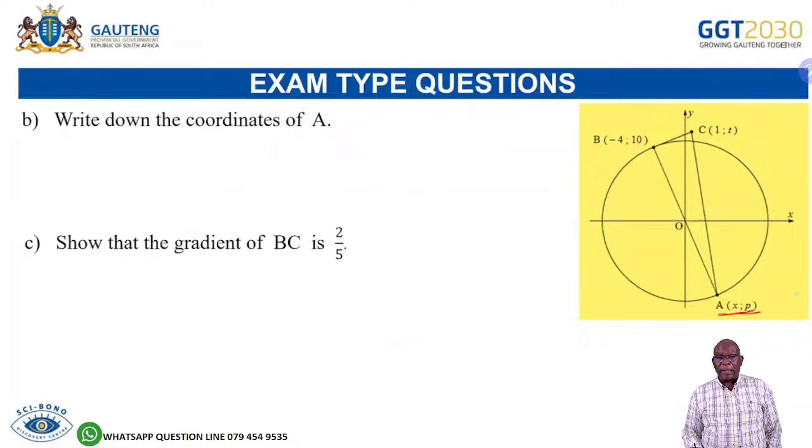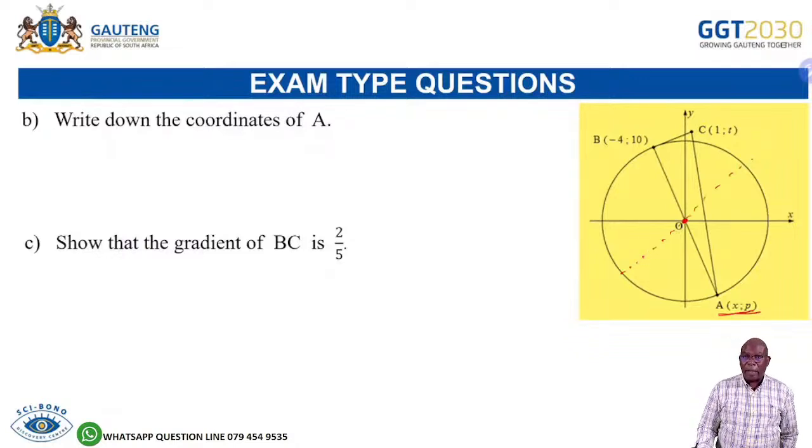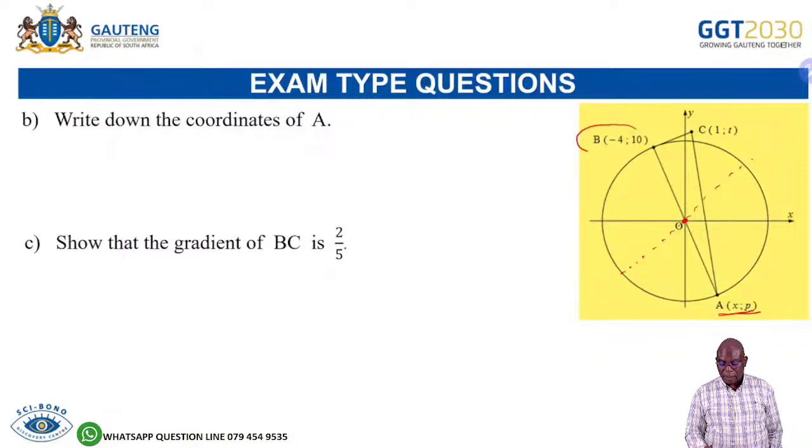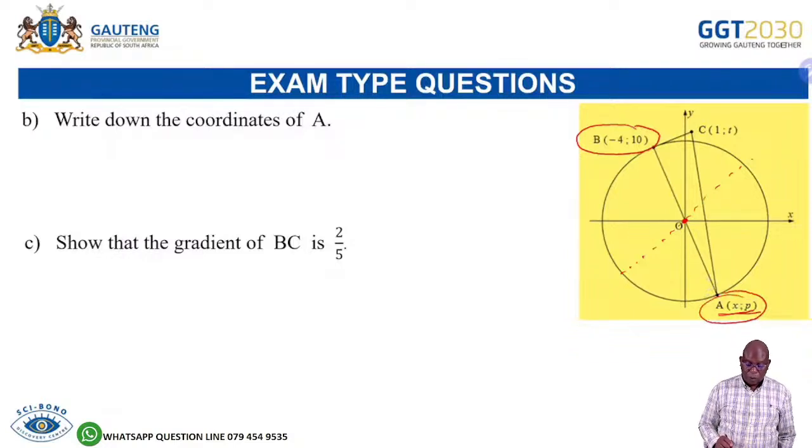As I said, I have this line here, and that line is the axis of symmetry. So in other words, this point that is given will be the same as that point there, but with different signs. Okay, right, because it's a reflection of the other one.